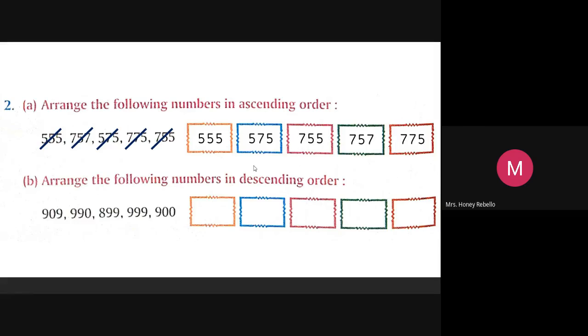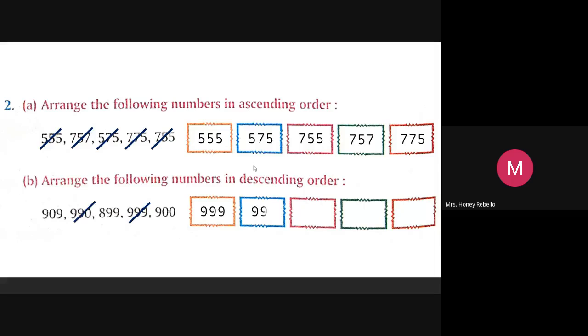Now, Sanjit. Sanjit, please come. Tell me the numbers in descending order. 99, ma'am. Not 99, that is 999. Okay. Second biggest number. 990, ma'am.